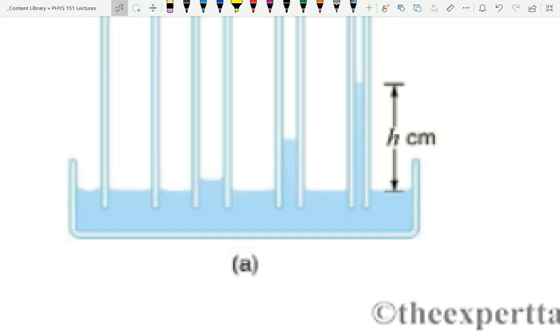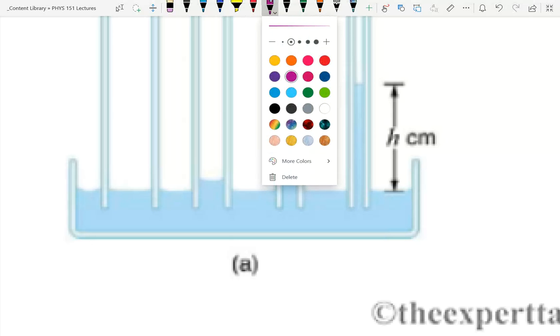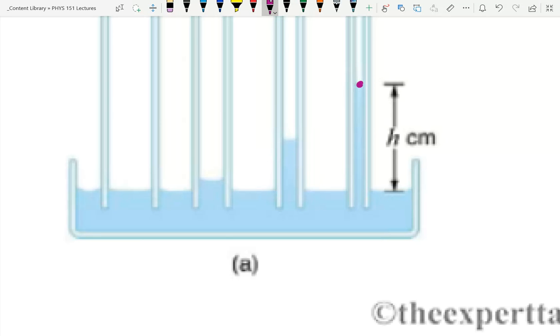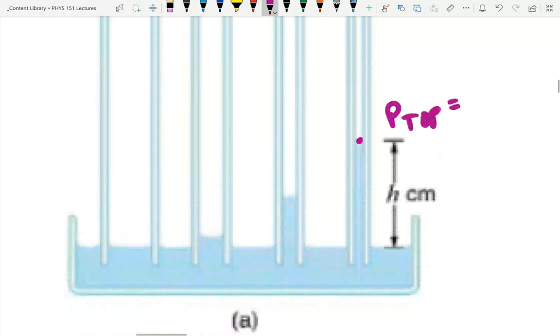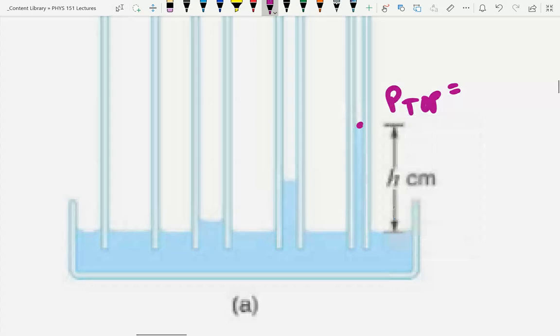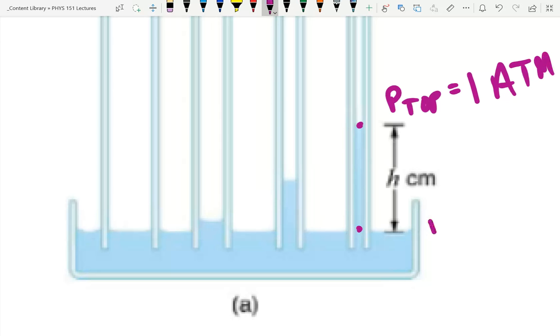So if we take this, what is the pressure right there? It's open to the air, so it's going to be atmospheric pressure. What is the pressure right there?